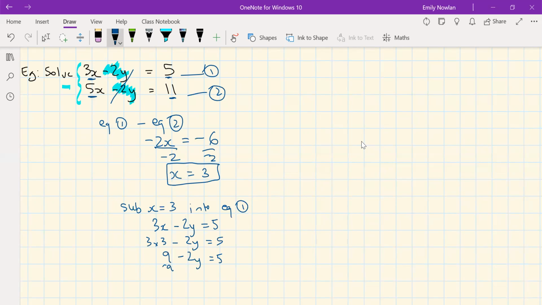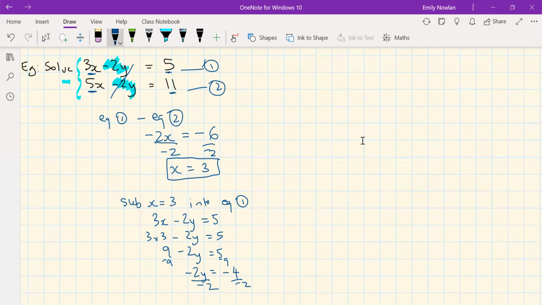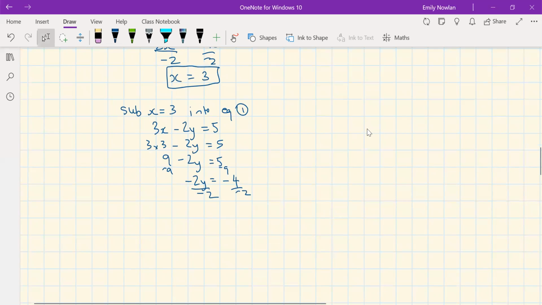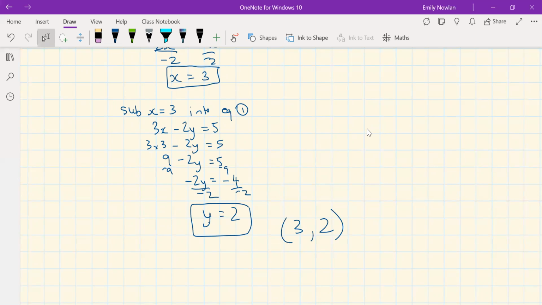Now I'm going to take the 9 away from both sides. So I'm left with minus 2y is equal to 5 minus 9, which is minus 4. Divide by minus 2, divide by minus 2. That means that y is equal to 2. And there's my point: 3, 2.